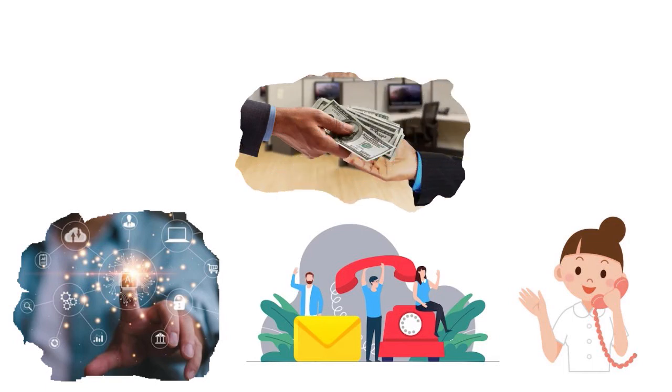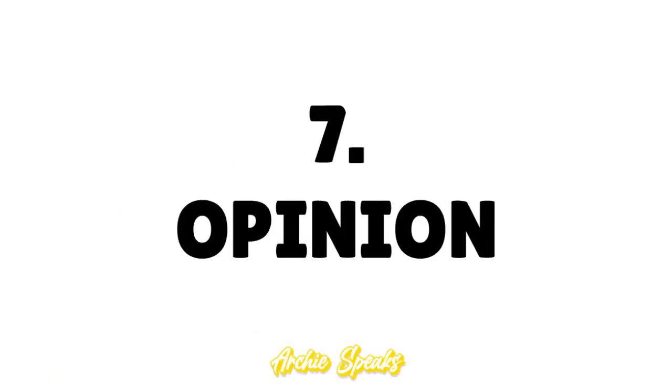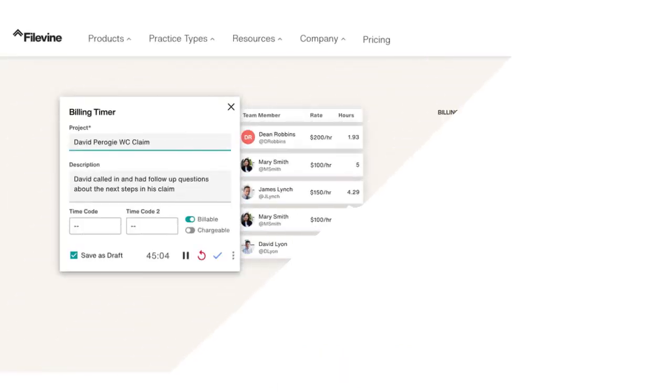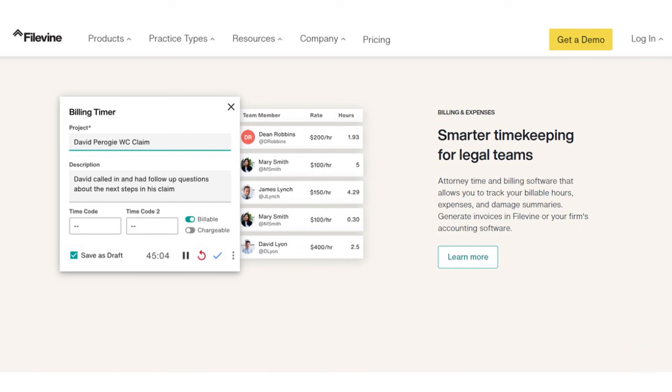So here is our opinion. After reviewing these Filevine software tools for the last 15 or 20 minutes, what is our decision? Well, Filevine is definitely a go. It's definitely a legal practice management software to consider if you want to know more about functionalities. This is great software. It does a lot of great things, and we love it. We've been following it for a while.